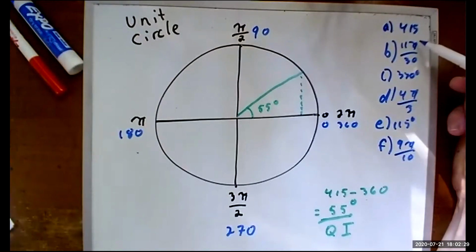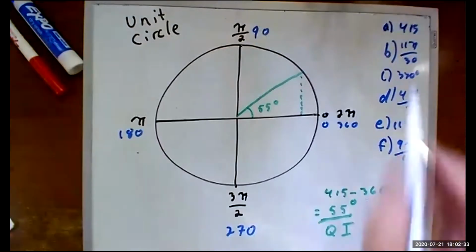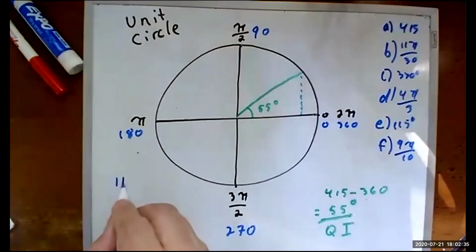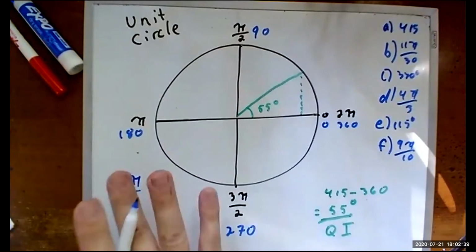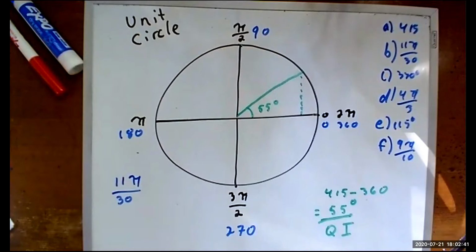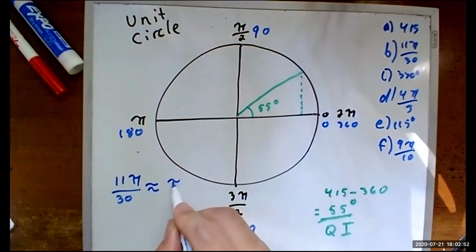Taking a look at 11 pi over 30, ignoring the pi part just for a second, 11 over 30 is pretty close to 1/3, right? It's one way to think of it. So we could say that's approximately pi over 3.